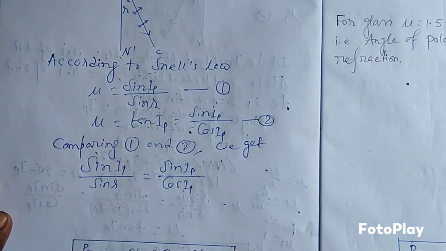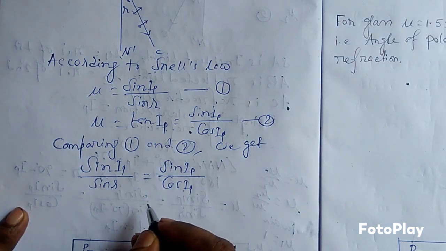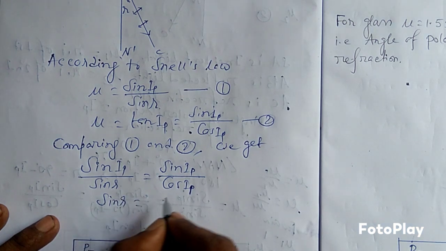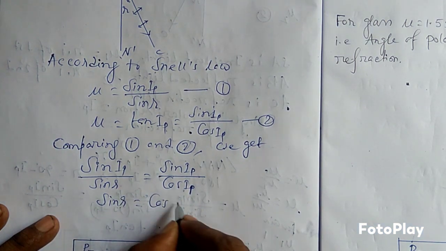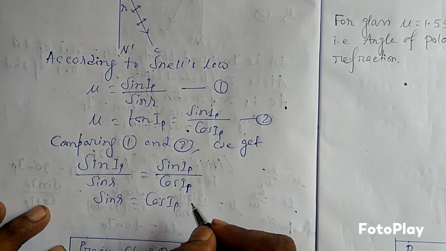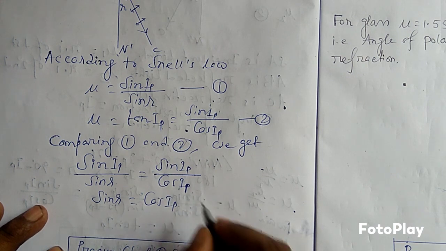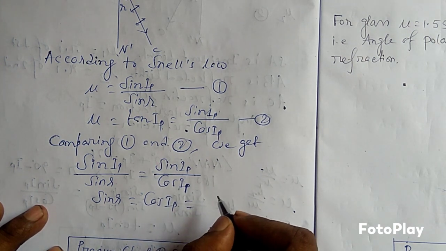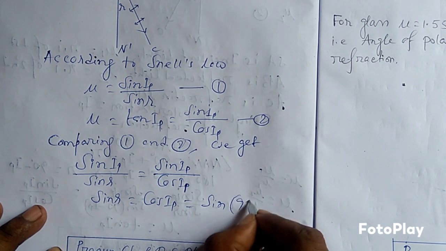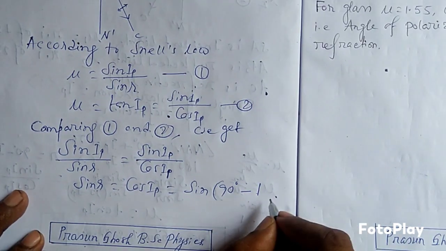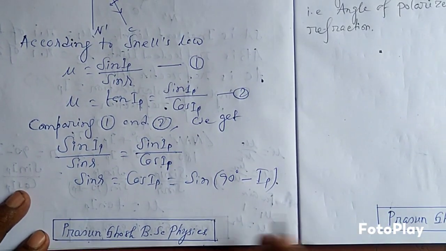So sine R equal to cos IP, that is sine of (90 degree minus IP).